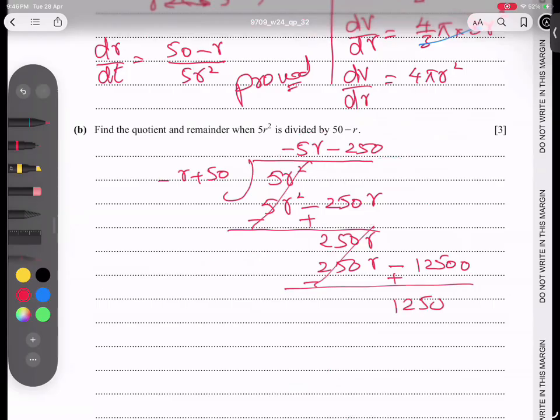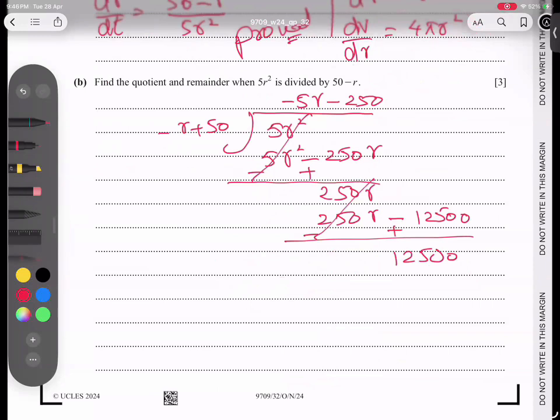So this is not enough only. We have to write in a fraction because in the next part maybe we have to use this one. So quotient is what? Quotient is negative 5R minus 250. And remainder is what? Remainder is 12500. These are clear, students.